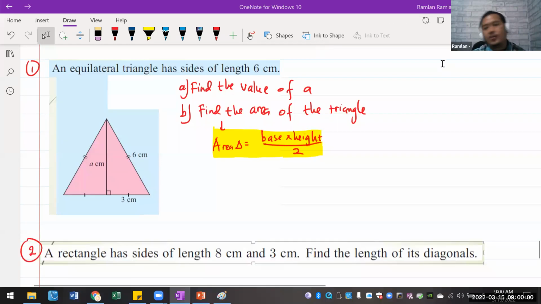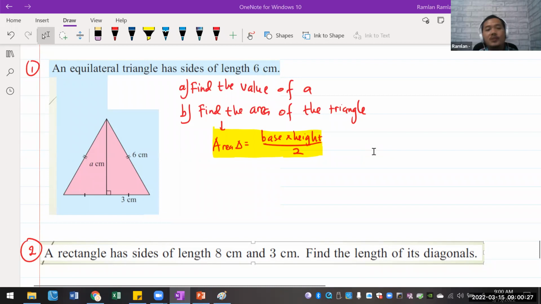Okay, so this is question number 2. For question number 2, I don't have the figure, but you can figure out what the figure is. Diagonals are the lines that cross inside the rectangle. Actually, you have seen it in the first example. The first example that I showed you is actually the diagonal.